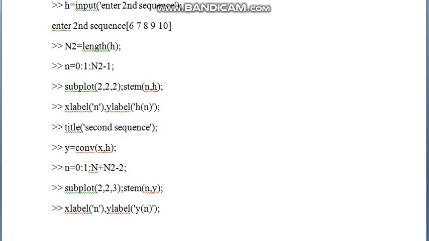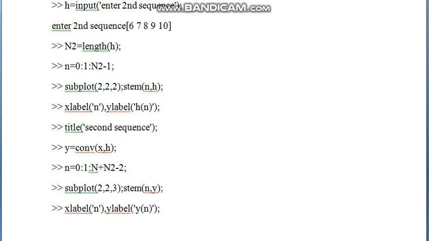For finding the linear convolution, the command used is conv(x,h). These are the two sequences of which I want to find the linear convolution. We already know that the number of samples in the linear convolution sequence is N1 plus N2 minus 1, where N1 is the number of samples in the first sequence and N2 is the number of samples in the second sequence.